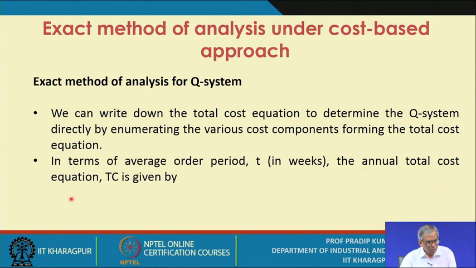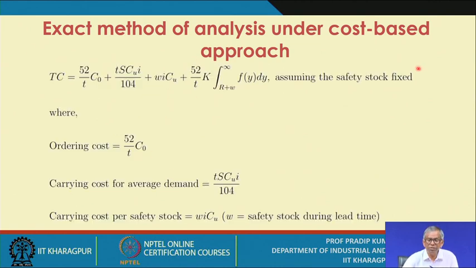The annual total cost equation TC is given by this expression. That means we now have one total cost expression involving 4 specific components.